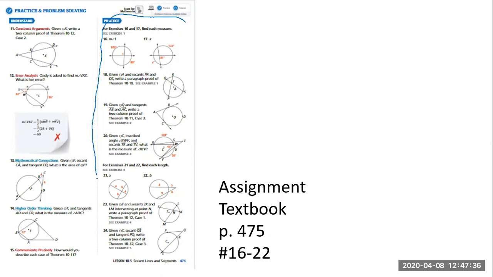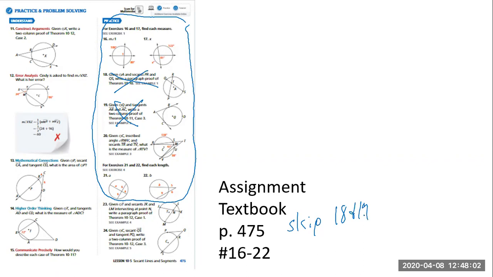And 16 through 22, notice you're not doing anything that says prove, because we're trying to stay away from the proofs. Oh, cancel that. I missed one. I missed 2. All right, get rid of those. I don't want you to prove those. So skip 18 and 19. So not a whole lot.